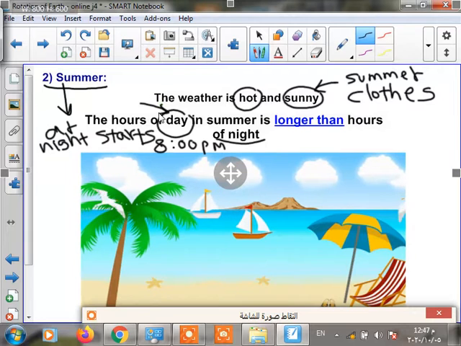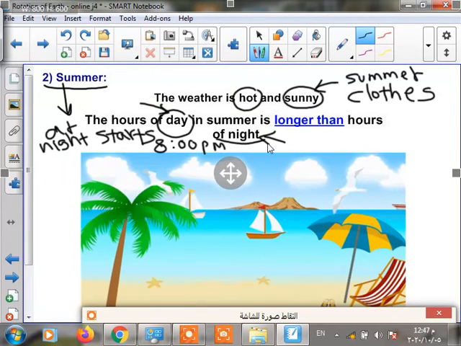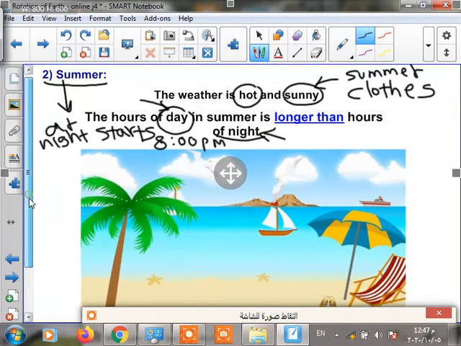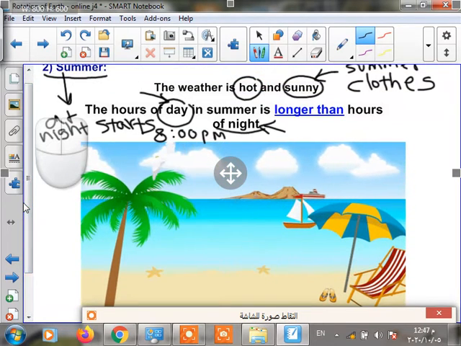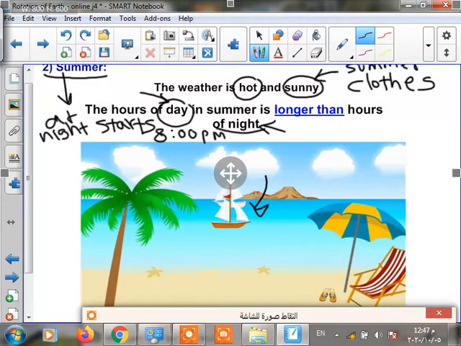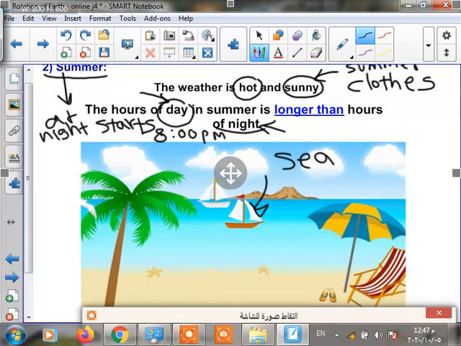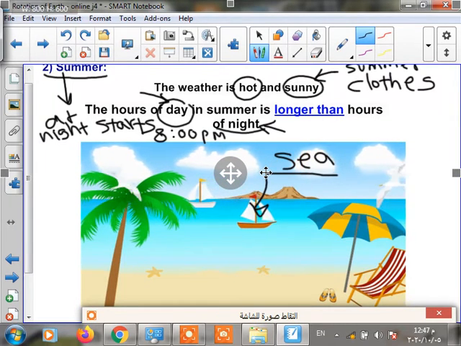The hours of day will be longer than the hours of night. Then we will go to the sea in summer, okay?